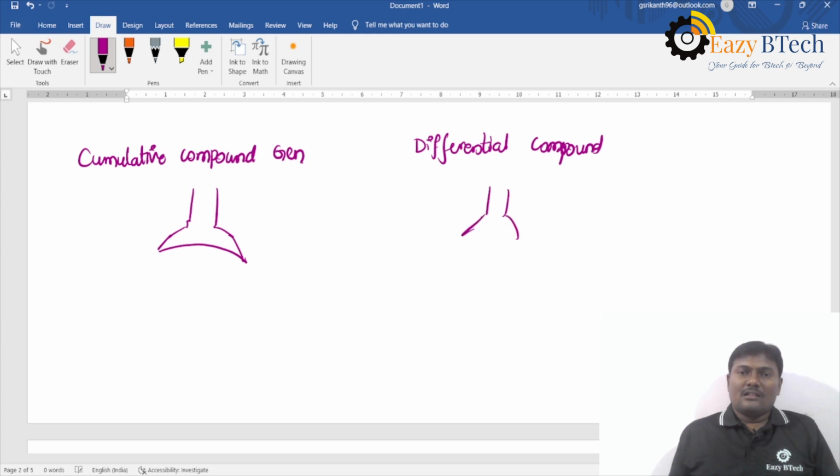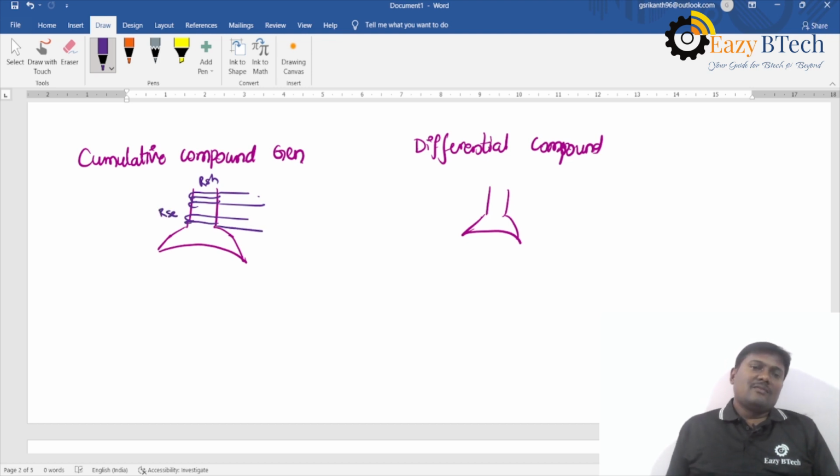So here I am also drawing. The winding is wound like this. These are called the shunt field turns, and the series field turns are also wound like this. If the sense of winding is the same, if the current passes in this direction, here also the current is passing in the same direction.